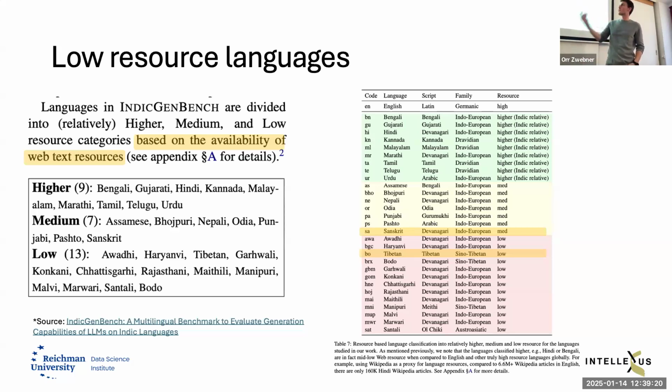And they gave a score of how low-resource each language is, based on the availability of web text sources. For some reason, Sanskrit got a medium. I'm not sure why. Maybe because, as I heard from someone yesterday, there are Sanskrit speakers nowadays in India who post on Facebook or write papers in Sanskrit. Tibetan here is low resource.